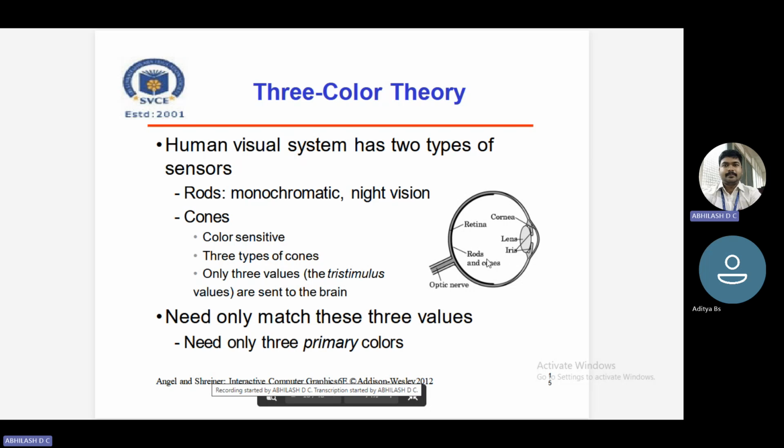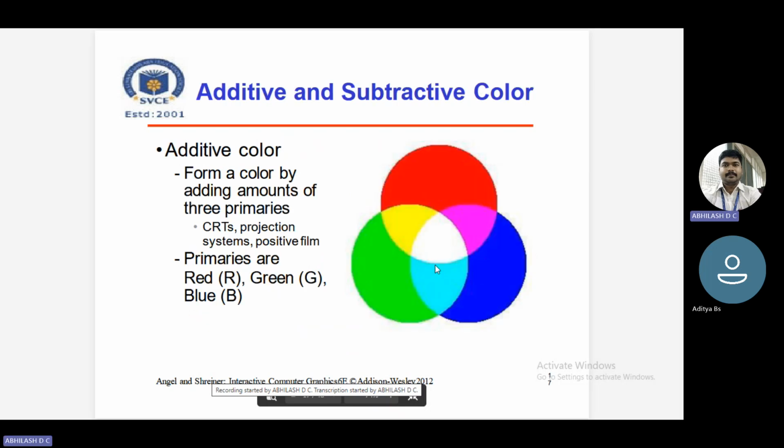Cones get activated in the daytime, that is, they can generate the colors, and the image which falls on the retina will be passed to your brain for further processing using the optic nerve. If you explain this with the diagram, with a systematic explanation for the image formation in the eye, it is more than enough. So next come the additive and the subtractive colors.